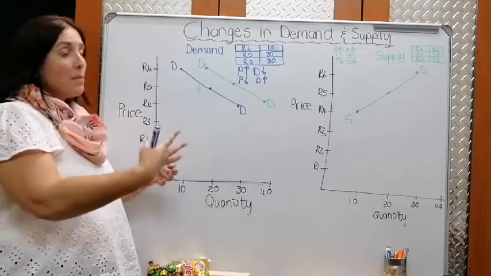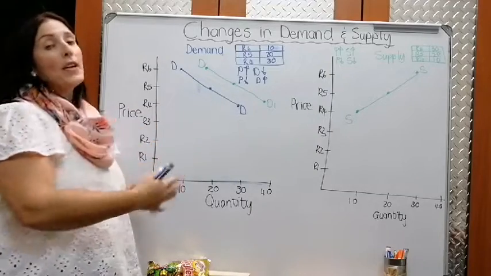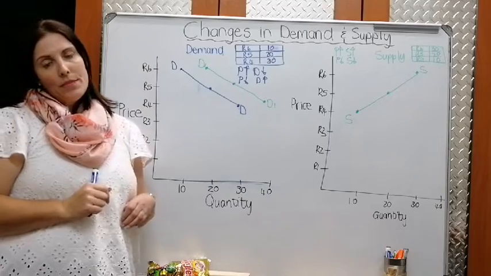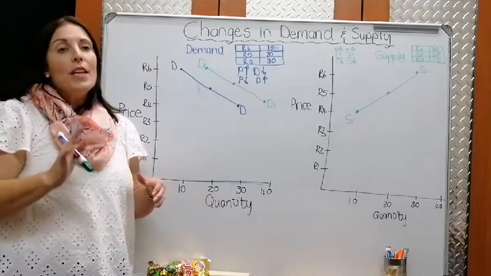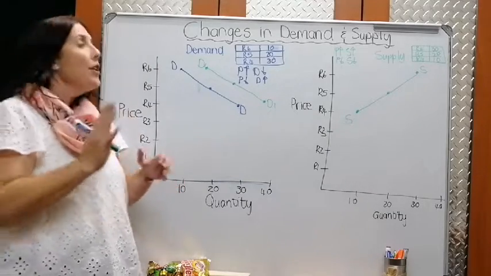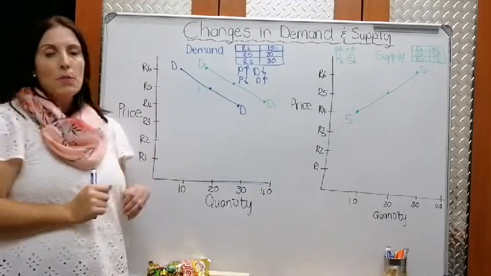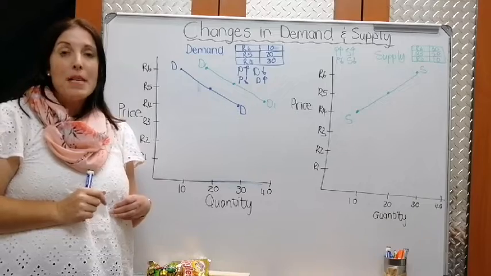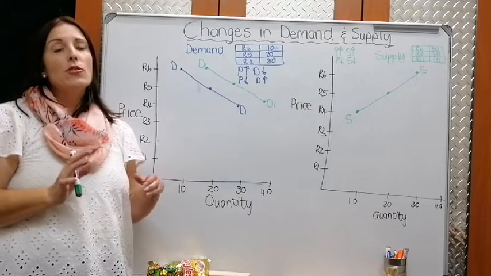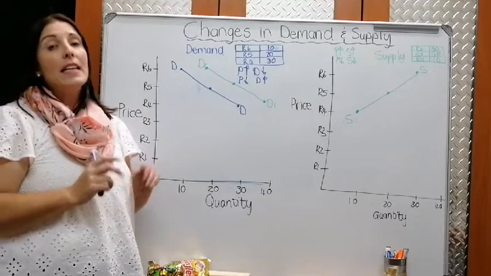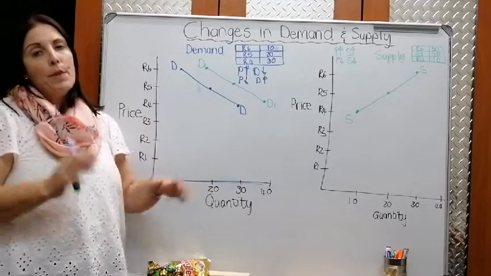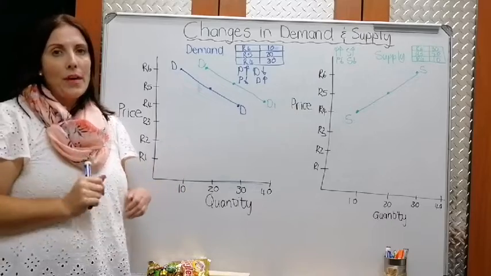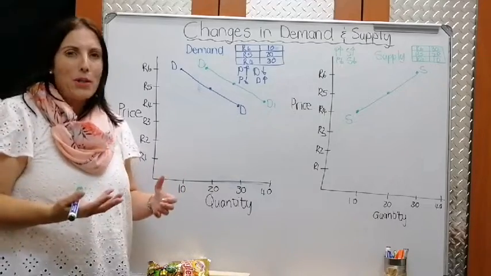The price that I'm selling it at in the market has not changed. If we start again with R6, now there will be fewer people. Originally 10 people were prepared to pay R6 for a packet of Twiggles chips, but now the financial situation is really dire, and there's no one who's prepared to pay R6 for that packet of chips anymore because we do not have that income or pocket money anymore.